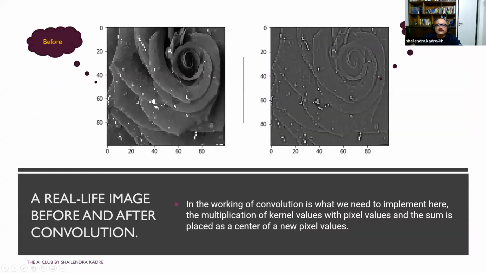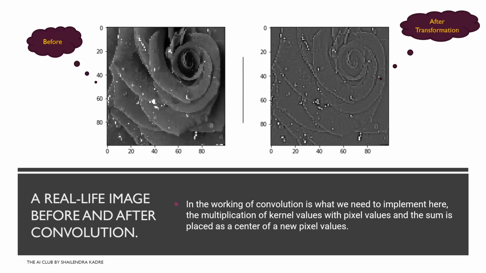See this image: this is the original image on the left-hand side, roses. You have done convolution, and now it is reduced to simple edges. Got it? So what you have done is thrown away all the detailing of the image and kept only the edges. Understood?